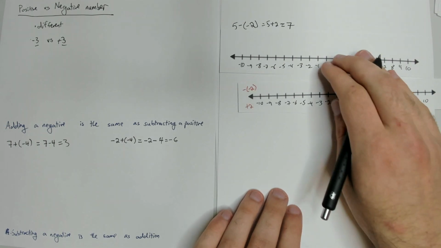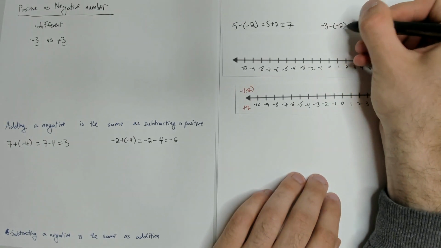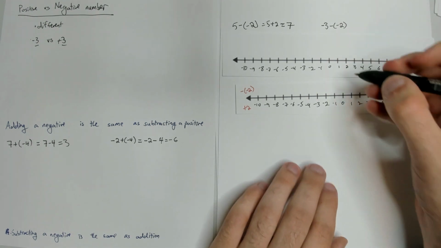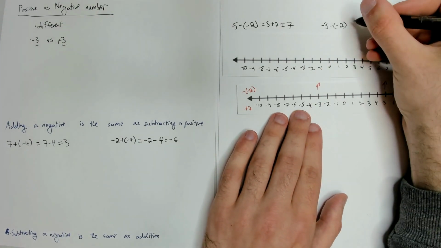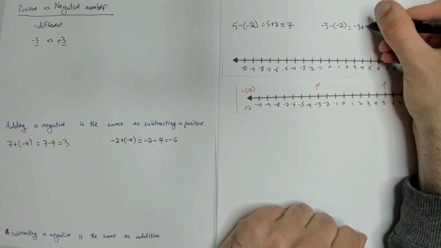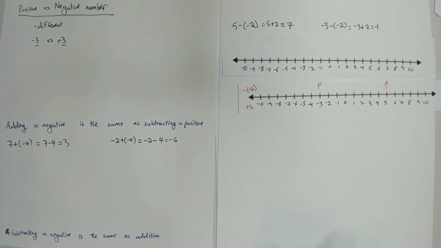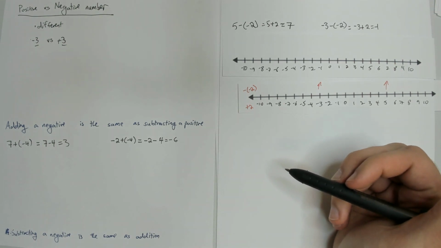All right, and another one we could try is negative 3 minus negative 2. Well, negative 3 lines up with negative 1, and that's because minusing a negative is the same thing as addition, so we get negative 3 plus 2, which is negative 1. So that's more or less it, and it might seem kind of odd that addition and subtraction are actually two sides of the same coin.